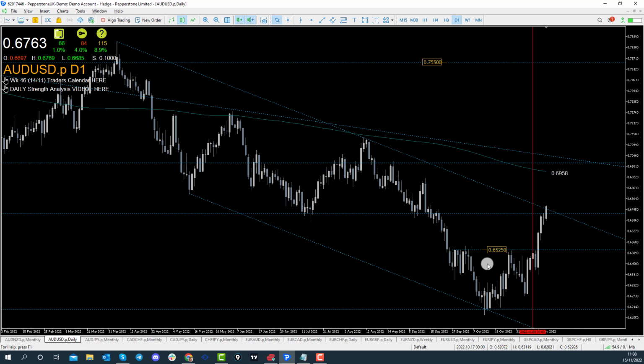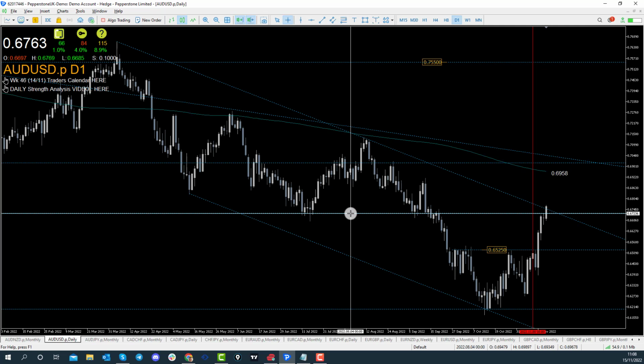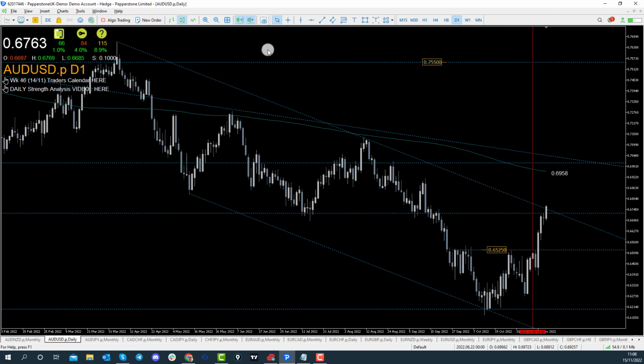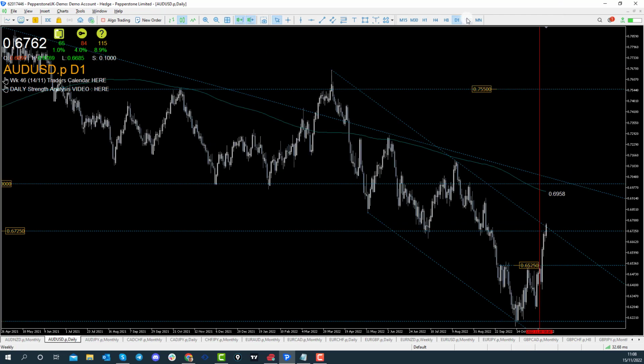And when we discussed it last time, we were talking about price breaking through the resistance highs at the 0.6525 handle and continuing to push to the next area of resistance, which would have been the 0.6725. You can see here as well, it's also featured on the weekly.